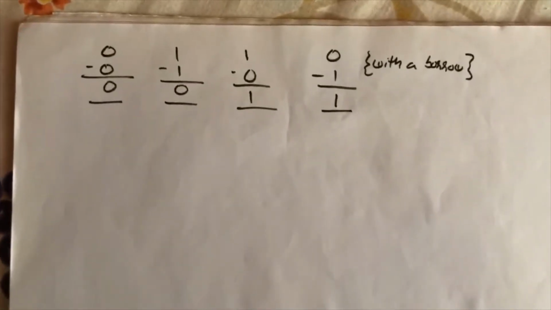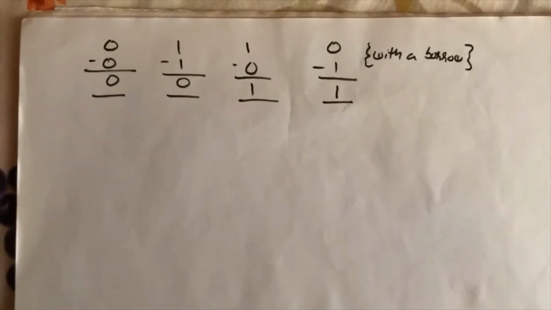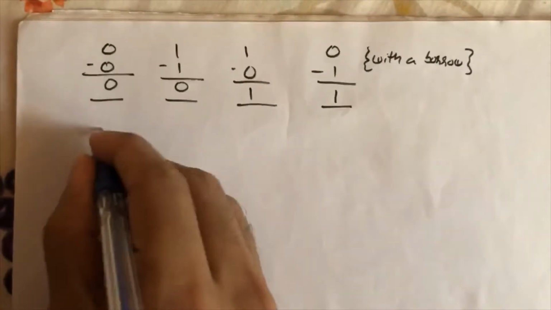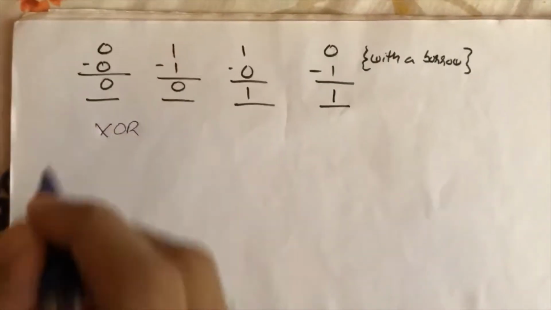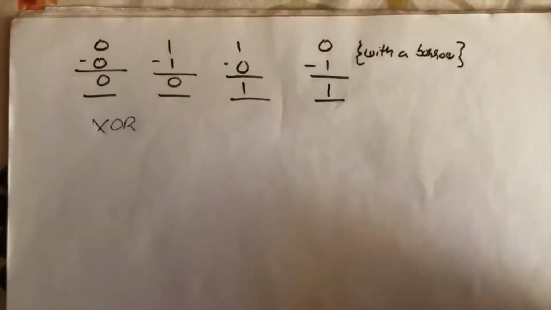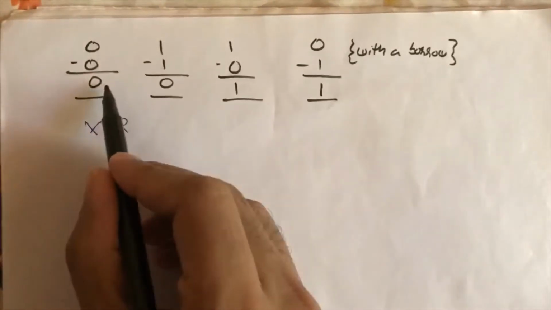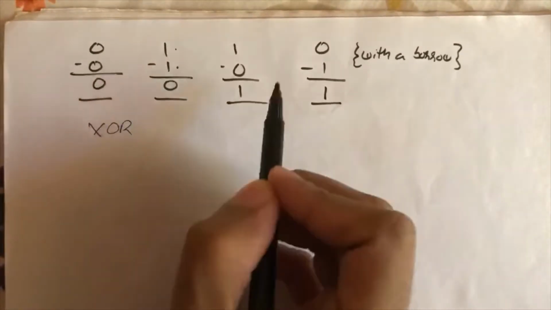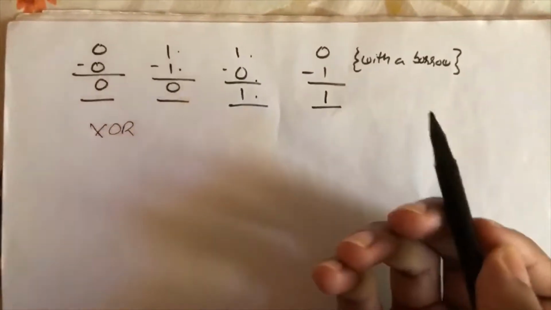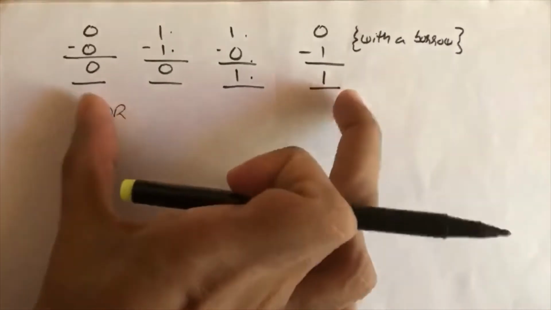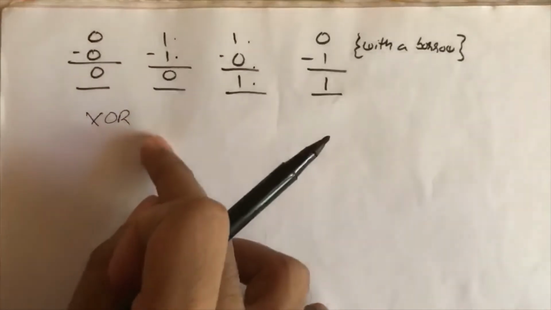So looking at all the gates that we studied, the only gate which satisfies that is XOR, exclusive OR, which gives you a 0 when the two bits are the same, and a 1 when two bits are different. So to get this answer, we can use an XOR.